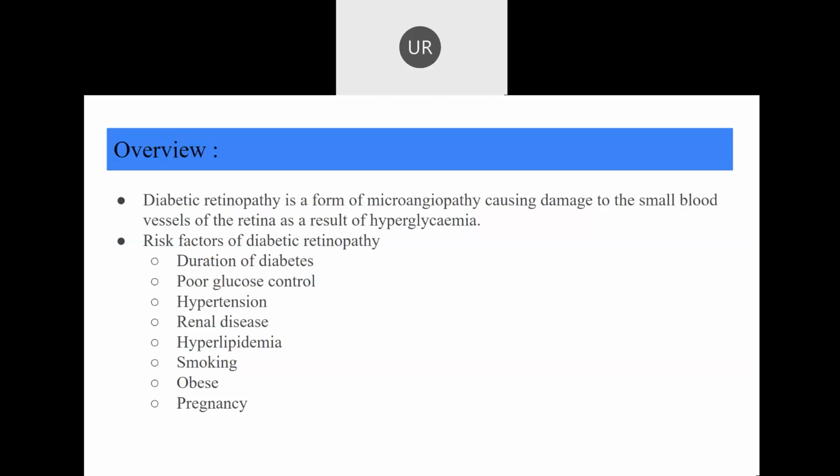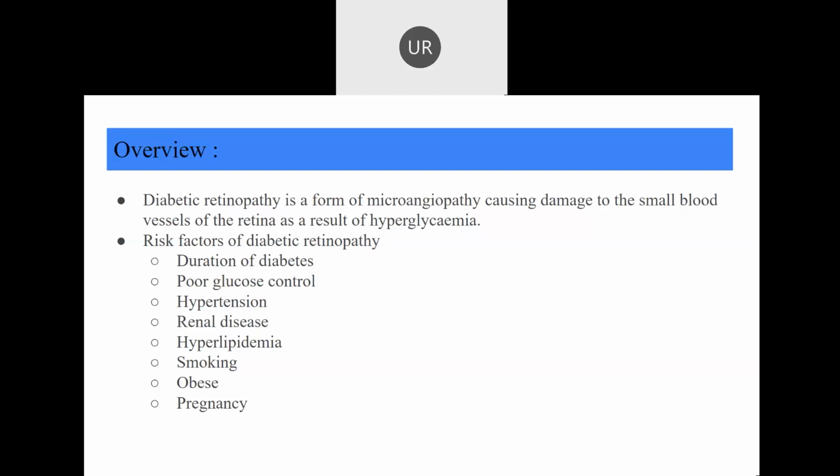So for example, a patient who has poor glucose control is prone to develop diabetic retinopathy, and those with hypertension are also at risk.